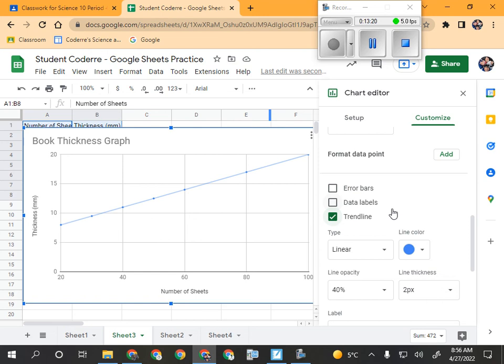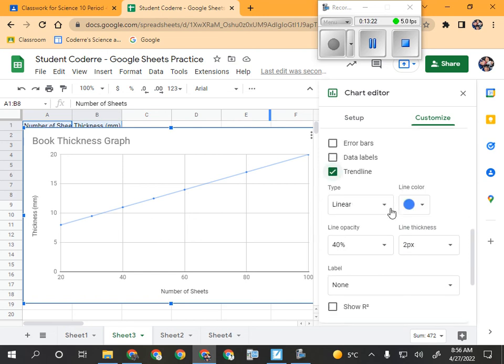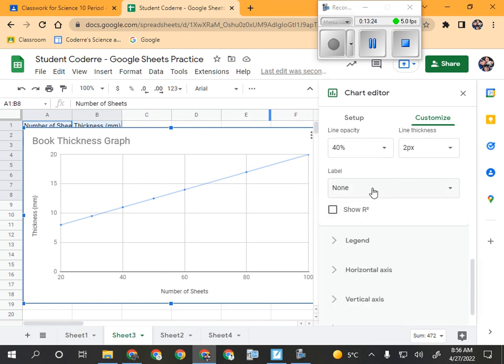All right, the next thing we want to do, once we click trend line, is that more options show up down below. One of those options is the label for the line. Right now it's defaulted to none. So we want to click on that, and it says custom or use equation. You want use equation.